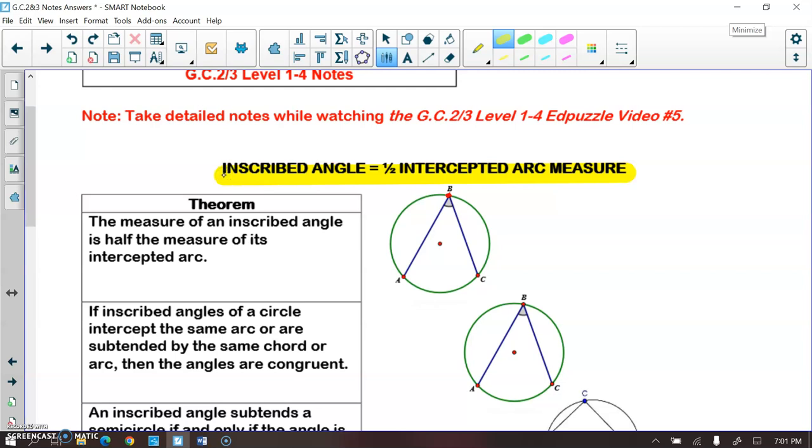So in this diagram here, if I had this angle written as X and this angle written as Y, the inscribed angle X would be equal to half the measure of the arc Y.